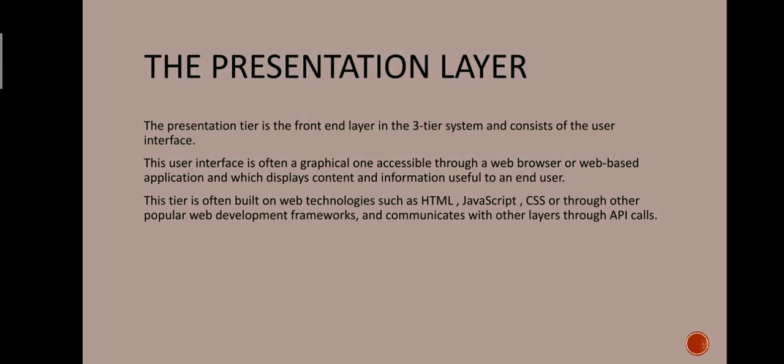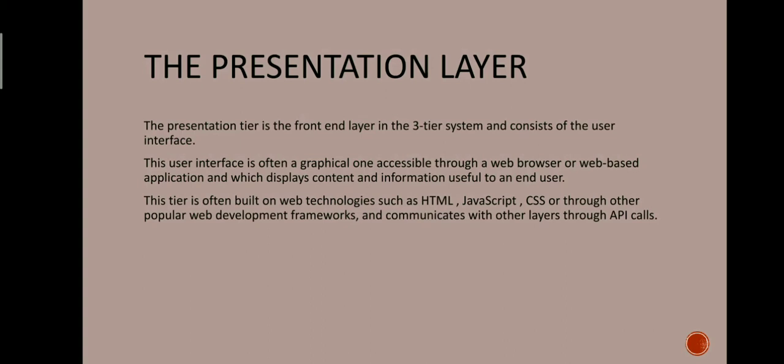The presentation layer is a front end layer in the three-tier system, and it consists of a user interface. This user interface is a graphical interface which is accessible by web browsers or web based application, and it displays the contents and the information which is useful for the end user.